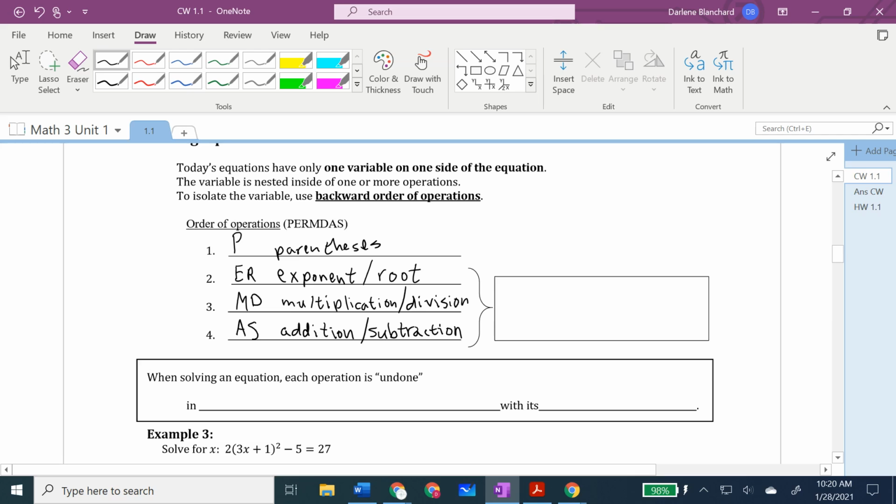When it comes to opposite operations, they're on the same order of operations level. And the rule is if you have the same level of operation occur more than once, then you go left to right and do them in that order.